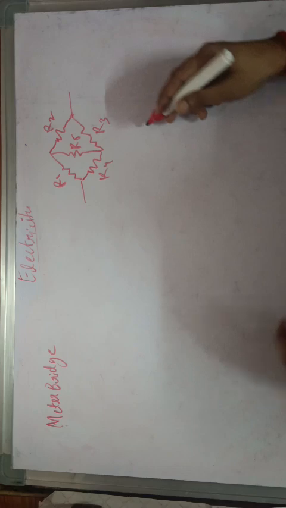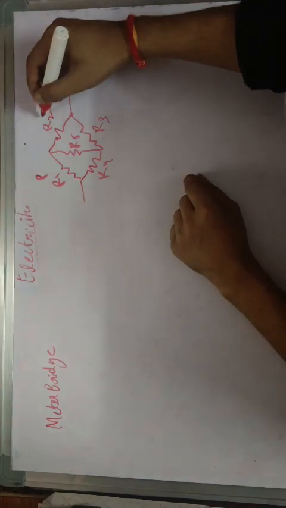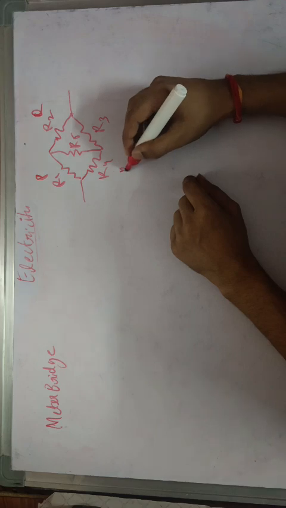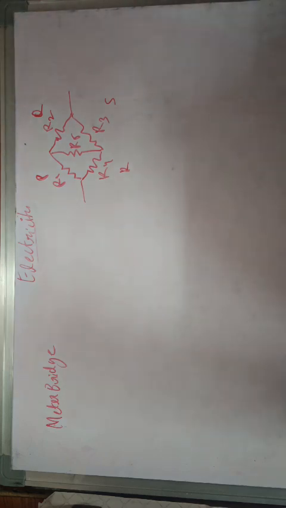Now generally this side is called P, Q, and this is R, and this is S. P, Q, R, S. I guess this is the order we generally take.